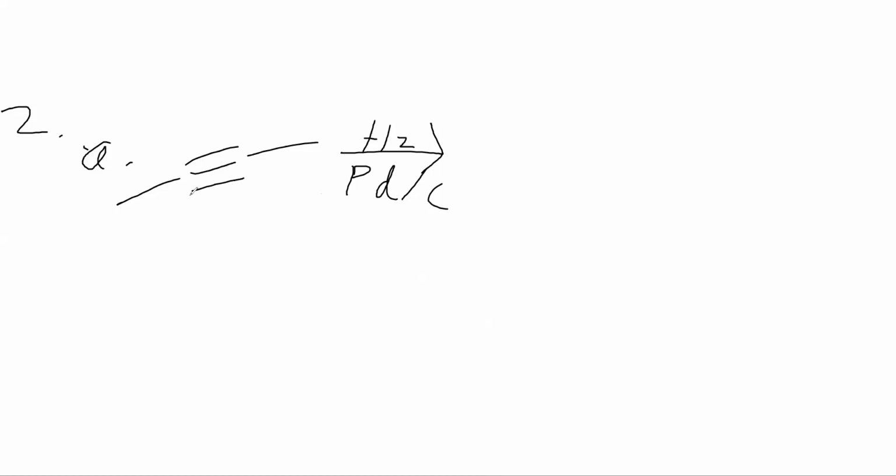Yeah, it's internal, because if it was terminal, it would be at the end of the chain. So it would have to be here or here on the left or right. So internal. And then we have H2 and palladium on carbon catalyst. So what is this going to do to the triple bond?